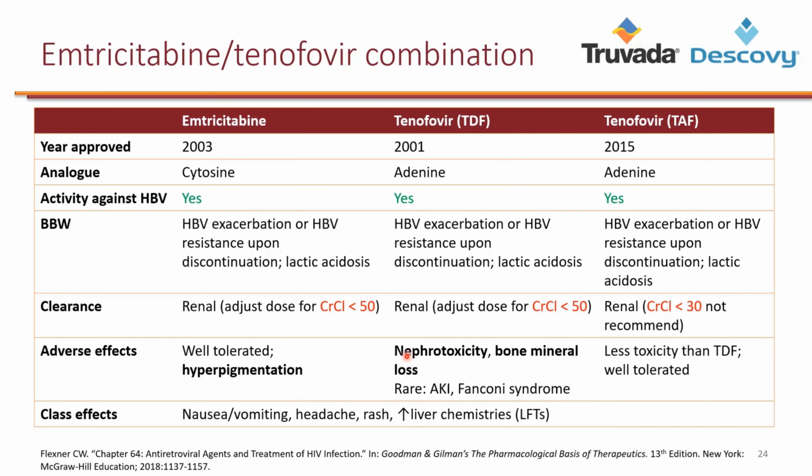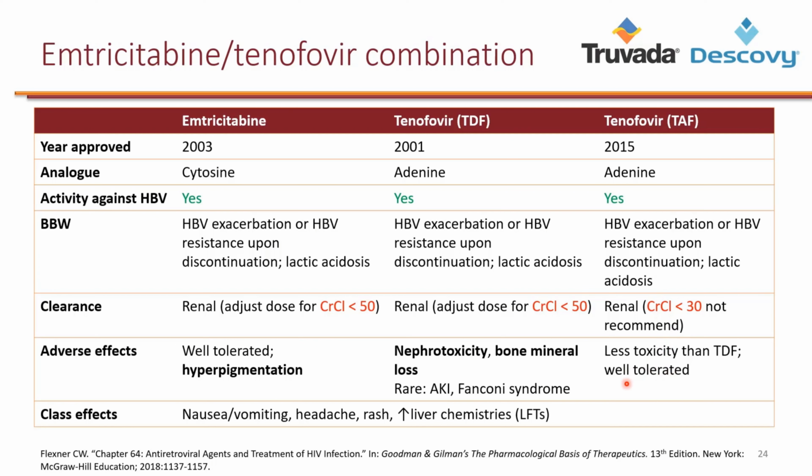TDF can cause nephrotoxicity and bone mineral loss, and this in fact is the reason that we came up with a new formulation, tenofovir alafenamide, which still does have nephrotoxicity and bone mineral loss, but it's significantly less compared to TDF, and I'll explain that more.